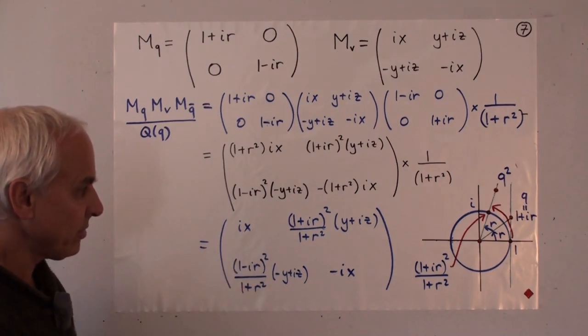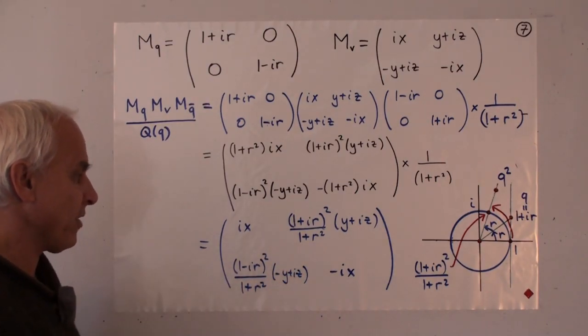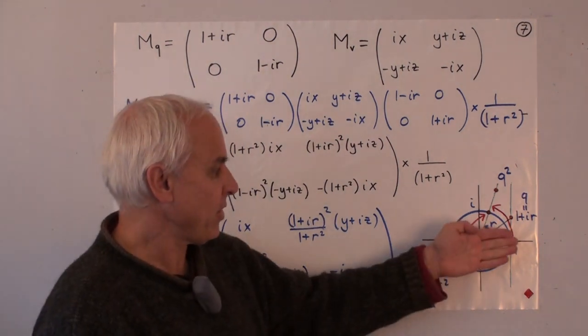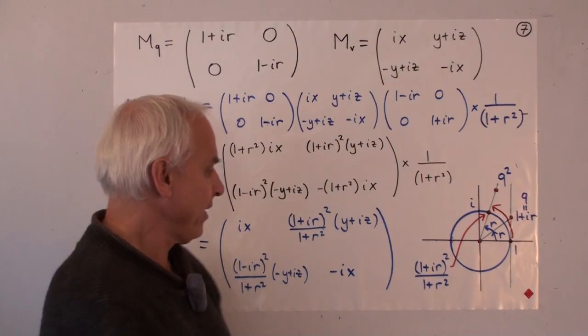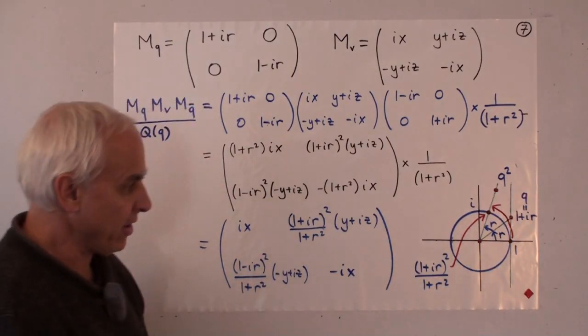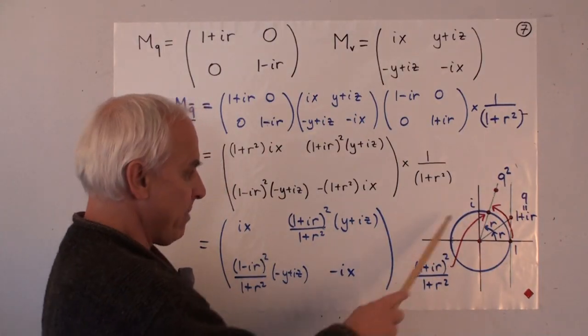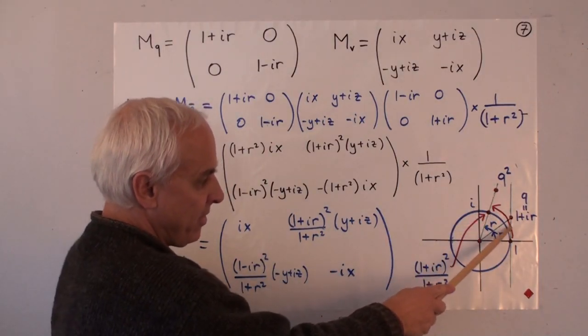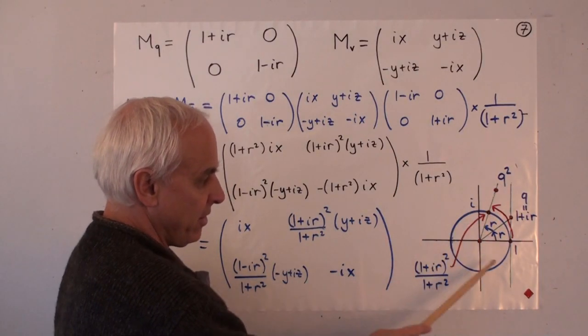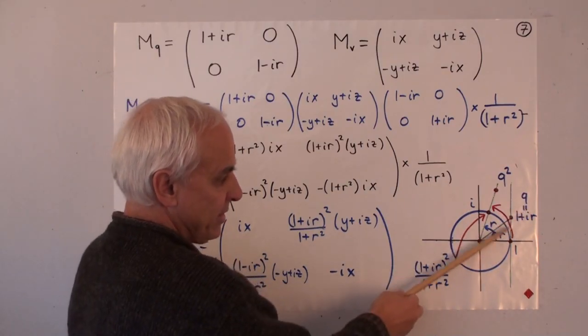And what does that do? Well, we've seen this kind of thing before in our discussion of complex numbers. This is in the complex number plane. If we're multiplying by 1 plus IR all squared, there it is, 1 plus IR, there's its square. We divide by its quadrance. We end up rotating from here to here, essentially reflection in this line.